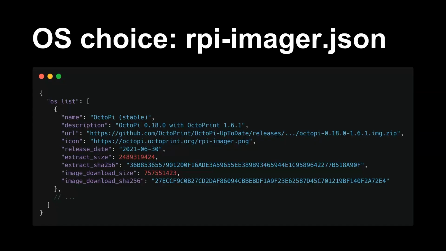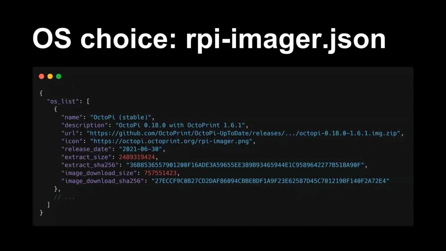Well, the imager calls up a JSON document that is hosted by Raspberry Pi itself, and this RPi imager JSON contains OS list structures like the one pictured here. And if you are a distribution that is being offered in there, then you get your own section basically in this JSON file.